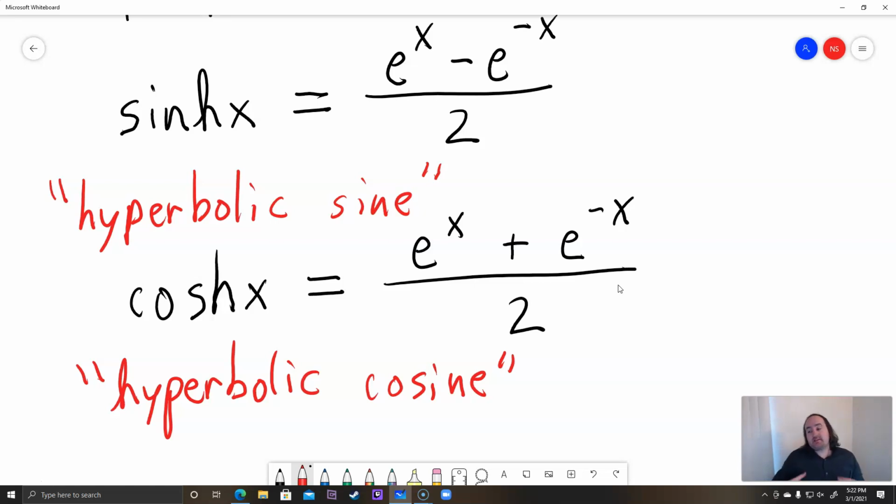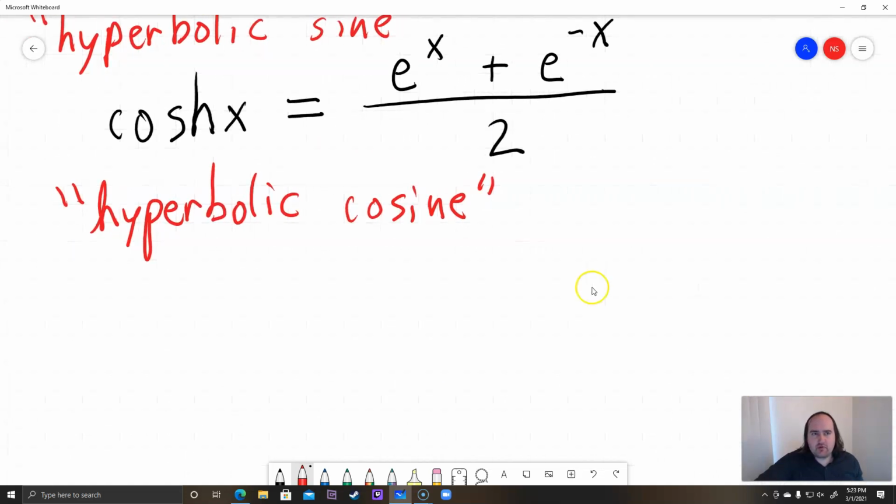Since you have hyperbolic sine and hyperbolic cosine, it makes sense that you would also have hyperbolic tangent. Hyperbolic tangent is tanh of x, and it turns out that that one is just what you would think it would be. It's actually sinh of x over cosh of x.